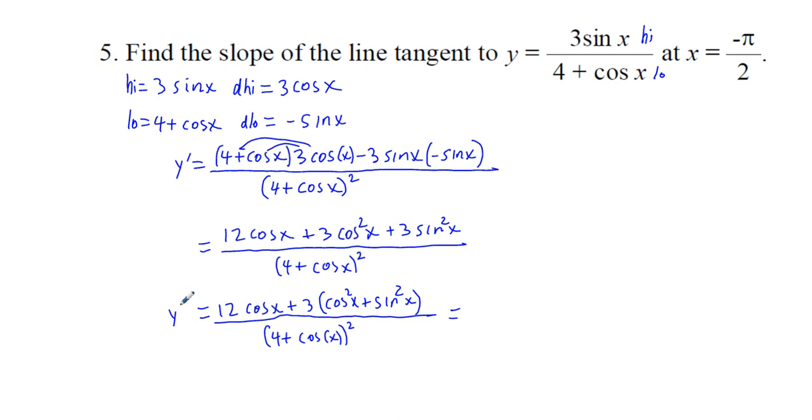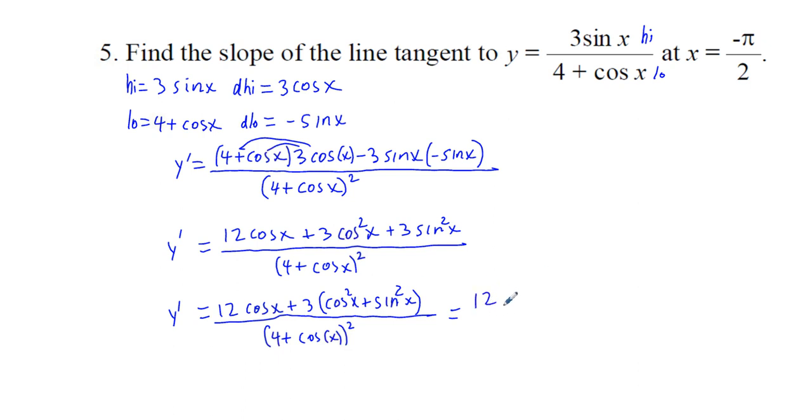Okay, that's y prime. Now, this cosine squared x plus sine squared x, I hope you may remember from your pre-calculus days that that's going to be the Pythagorean identity. So this cosine squared x plus sine squared x is going to be 1.